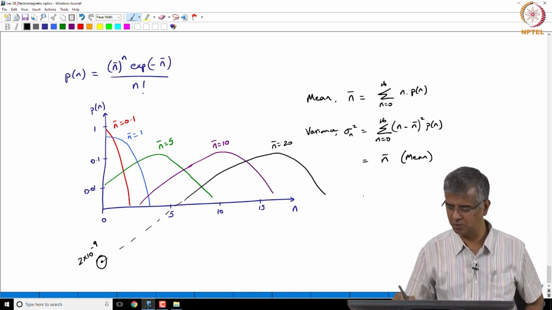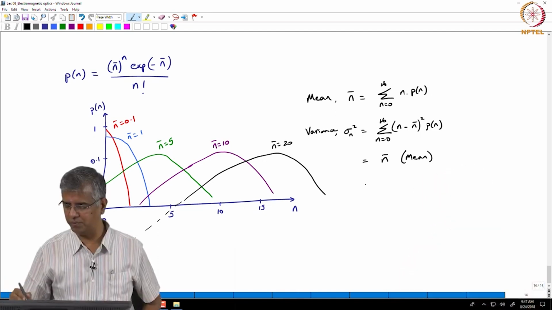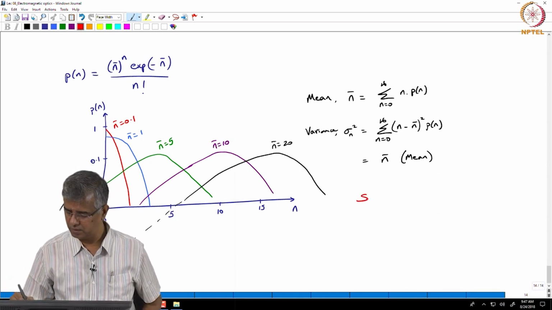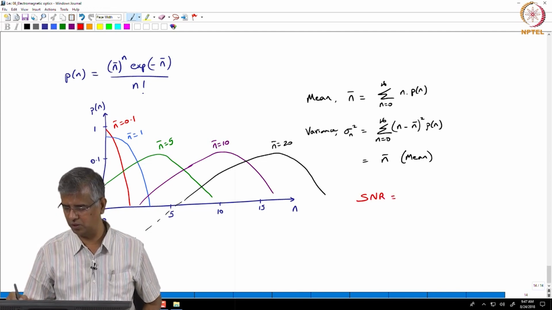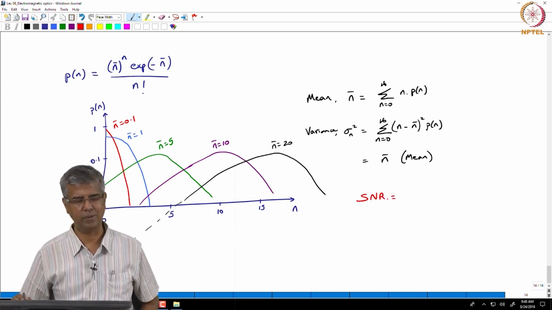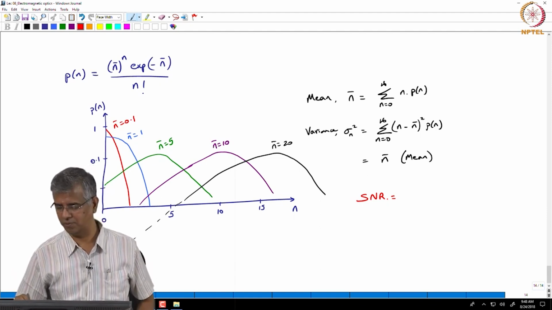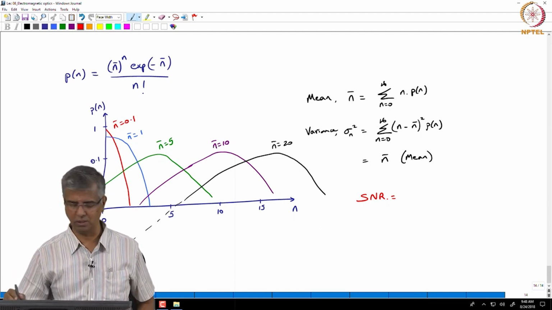aspect of Poisson distributions, and the consequence of that is, when you are looking at the signal to noise ratio, most of the communication applications, most of the practical applications of light, we are interested in the signal to noise ratio.